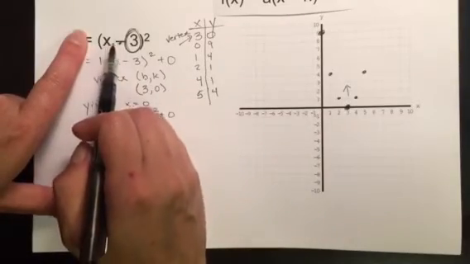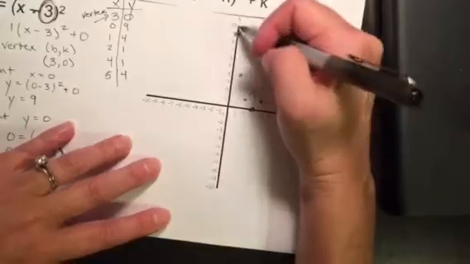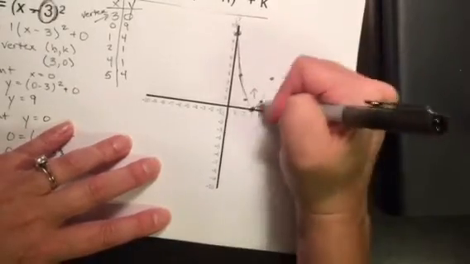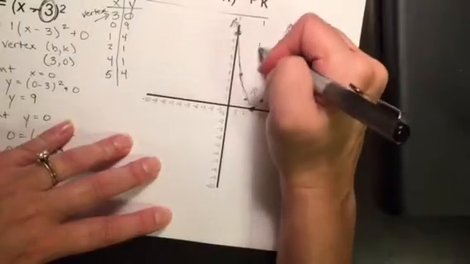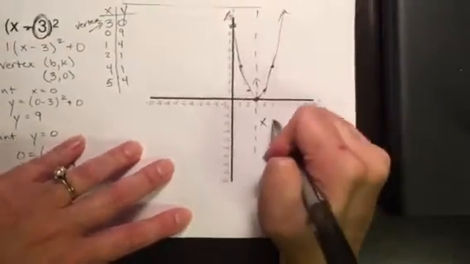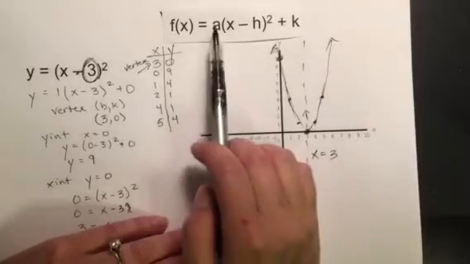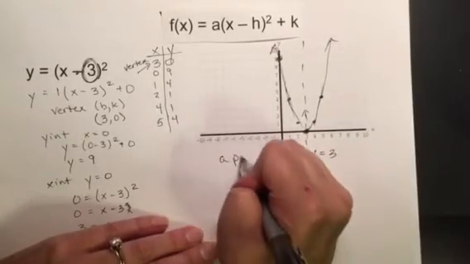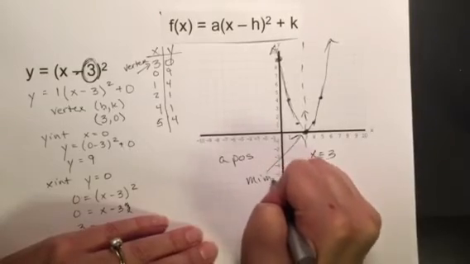So 5 minus 3 is 2. 2 squared is 4. Okay, we've got some symmetry, and we need to use that to help us. All right, so my axis of symmetry goes through my vertex and is at x equals 3. My parabola is opening up. A is positive. Therefore, my vertex is a minimum.